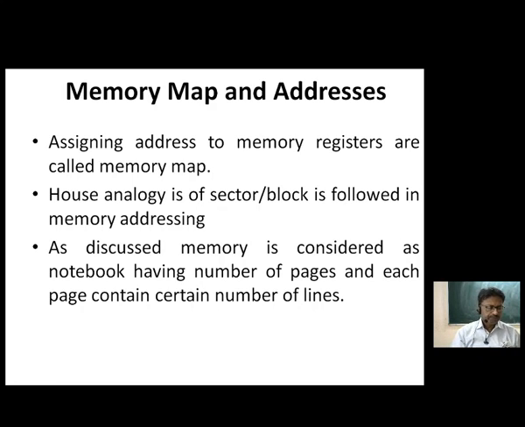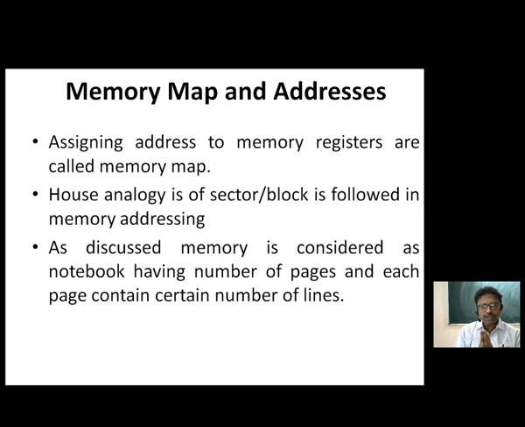Now the next important thing is what a memory map is and how addresses are assigned to the memory registers. As you know, memory works simply like a notebook which we use to write anything. Now what is the property of the notebook? A notebook has a number of pages, and each page has a number of lines.